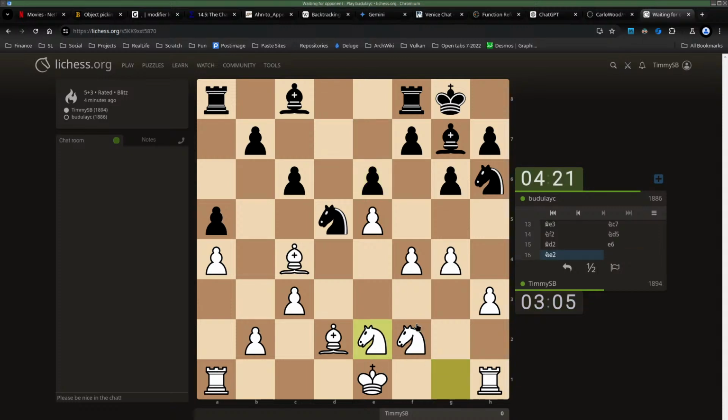Let's develop first. The bad bishop moved. Maybe I should take here and then put a knight there. Nah. Can do this. It's not good. Maybe I should castle short.